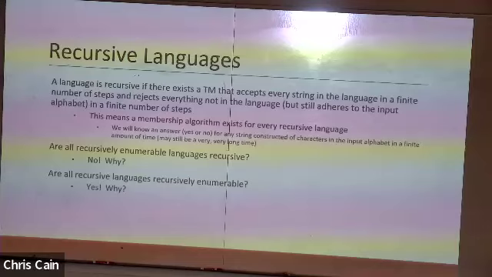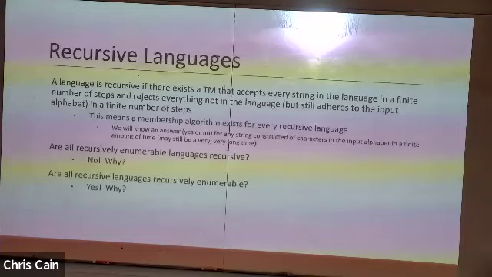If we can generate a yes or no answer, that's a subset of we can answer yes, but not no. Does that make sense? Why are they subsets? Our recursive language is recursively enumerable.